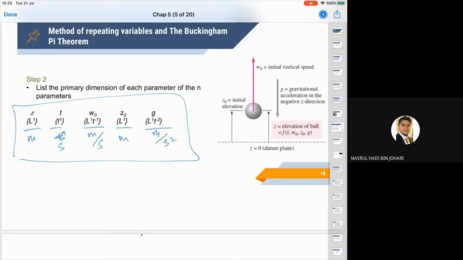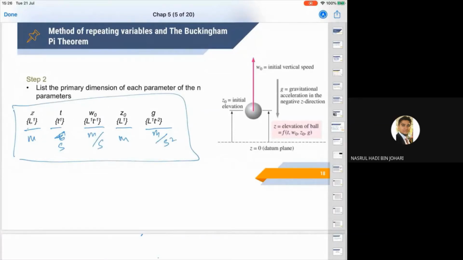So in this case, we list down z is L. Remember what L is? L is length. The unit is meter, but L is the dimension. So capital L to the power 1. And then t is time, T. w0 is the vertical speed or initial speed, w naught, so that means L over T. And then z0 is L1. z0 is the initial elevation, so the unit is meter, but the dimension is L. And then g is the gravitational acceleration.